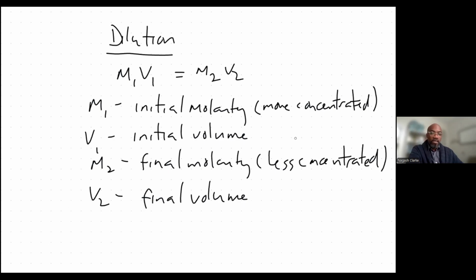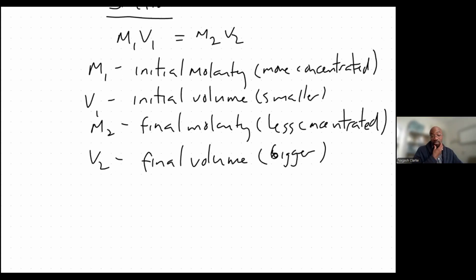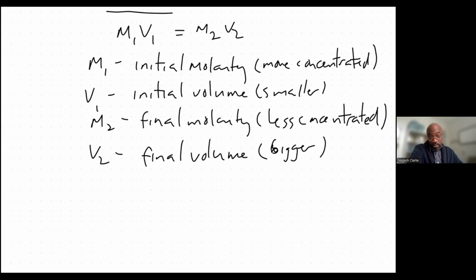So your initial volume is going to be smaller, and your final volume is going to be bigger. To dilute your solution you're decreasing the molarity, so you need to increase the volume, since molarity is equal to moles over volume. The thing about this expression is we don't need to convert our volume to liters. We can use milliliters, ounces, whatever, as long as they're consistent units.